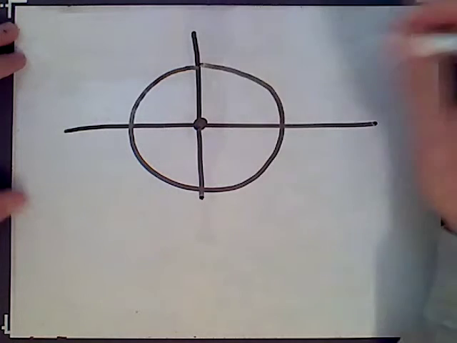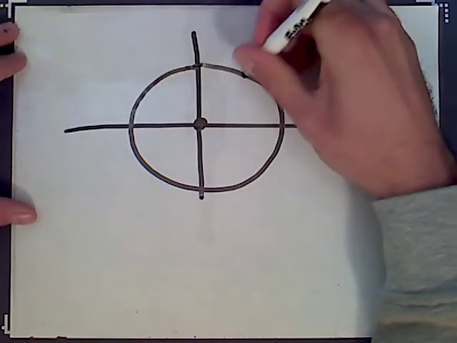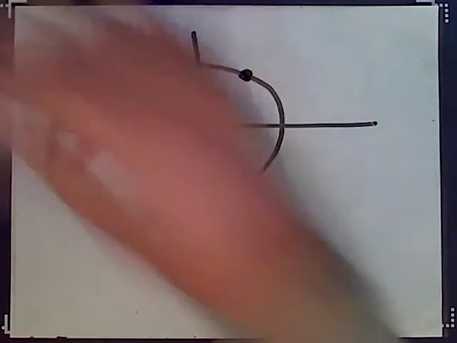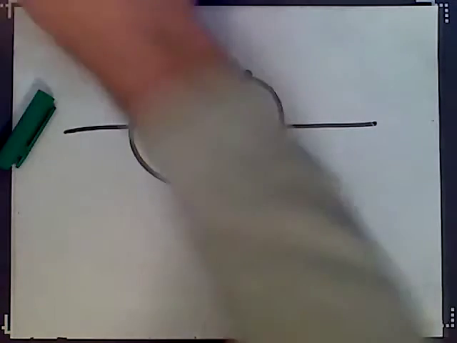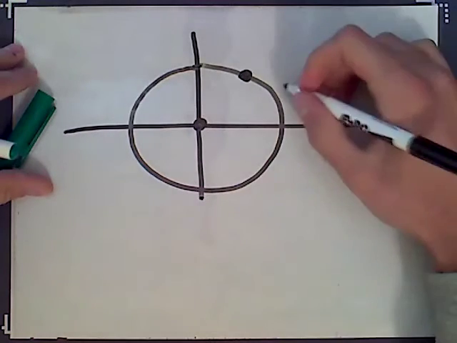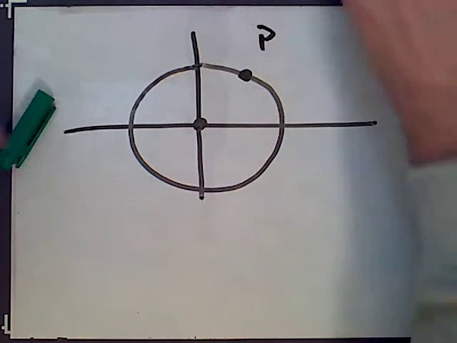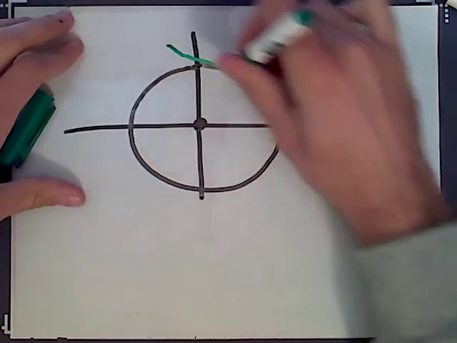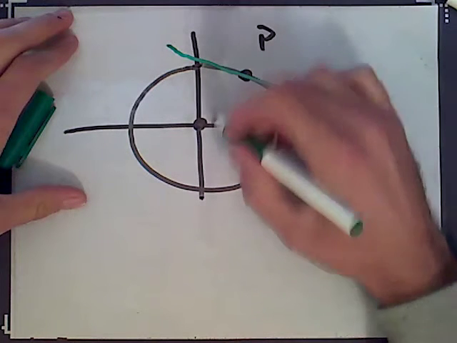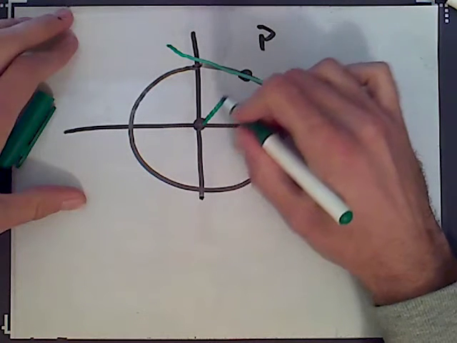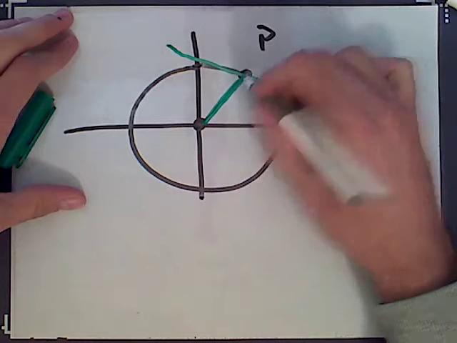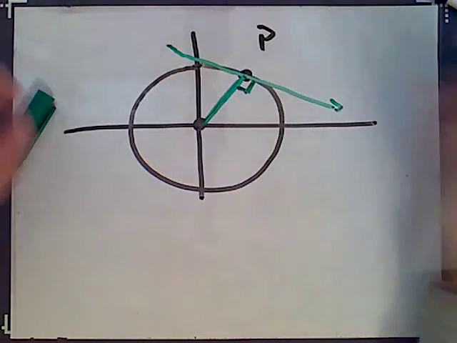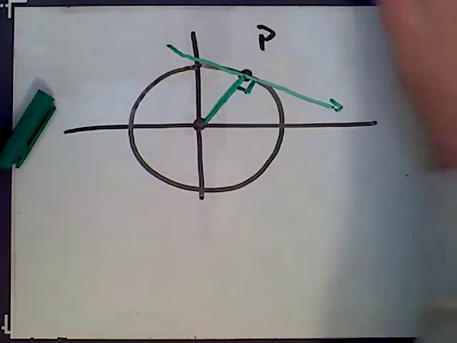So we take a point P. What we need to show is that the tangent at P, this line, is perpendicular to OP, which is this line segment. So this is 90 degrees. This is point O, the origin.